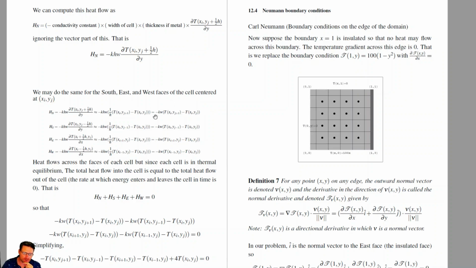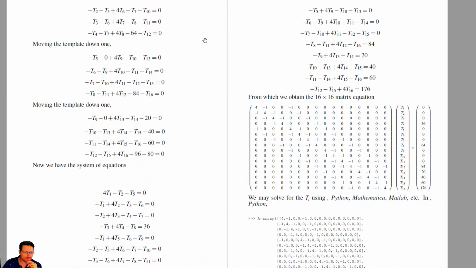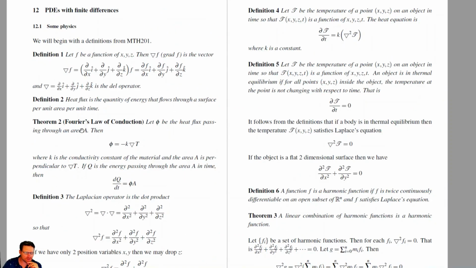Right, so we can write all of these similarly and then use our approximation of that first partial derivative there. But incidentally, this is just Fourier's law of conduction, back here at the beginning. So yeah, we're using this.